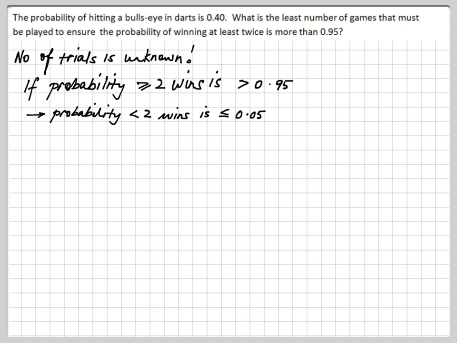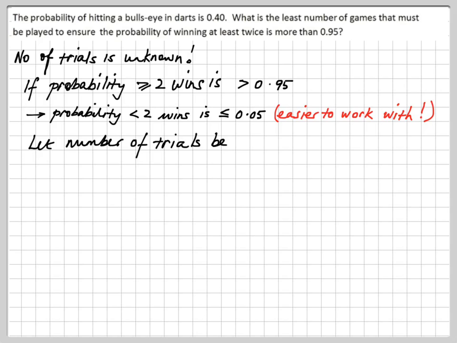Less than 2 must be less than or equal to 0.05, and I can work with that without having to use trial and error. It's easier to work with.